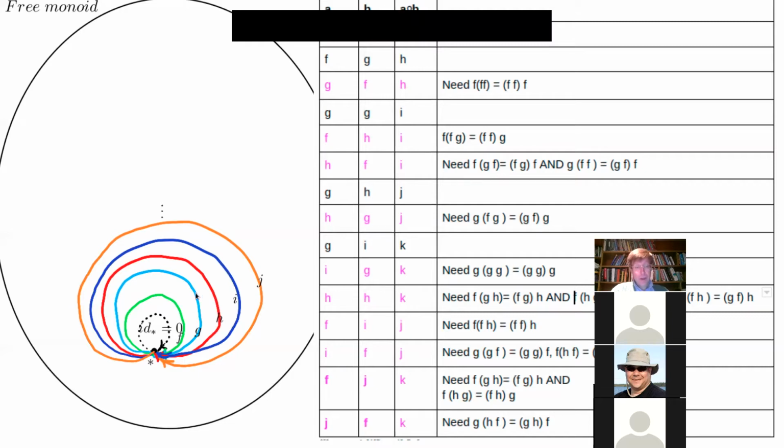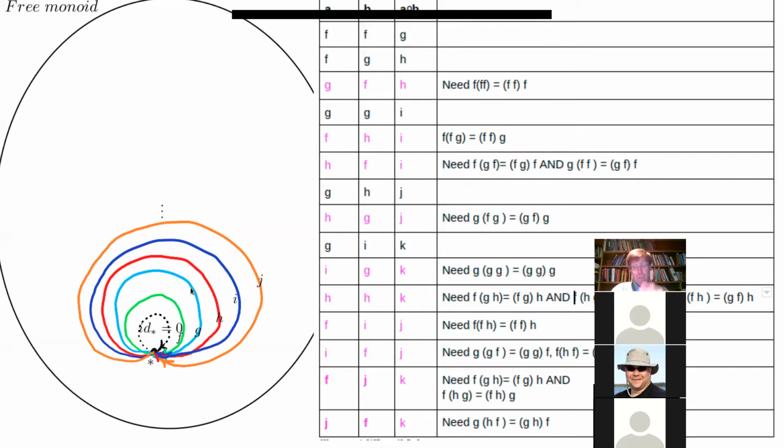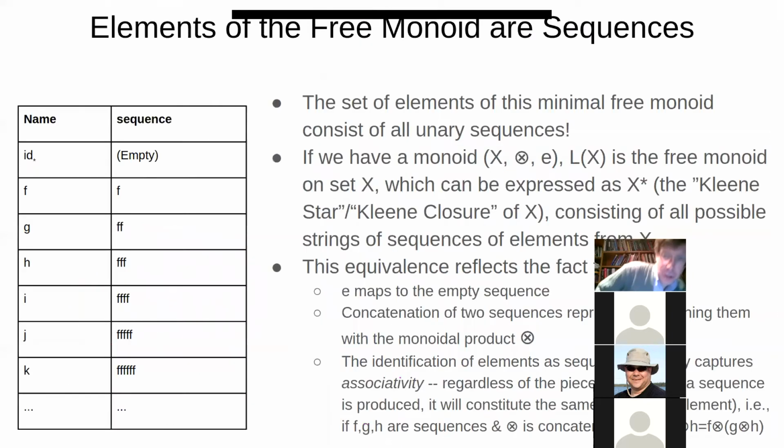So what we're seeing emerge from a free monoid is that composition, or monoidal product of two morphisms, basically consists of the concatenation of the sequences associated with them. And in this case, it's unary sequences, sequences of this F thing.